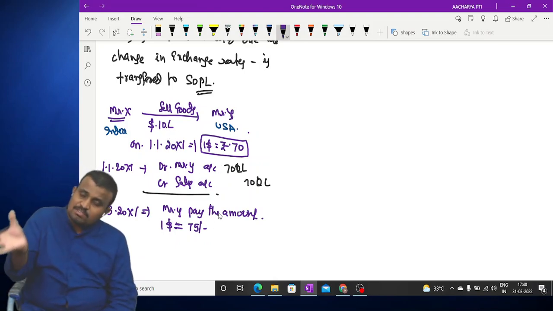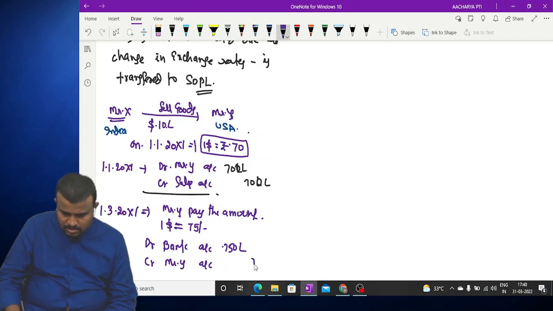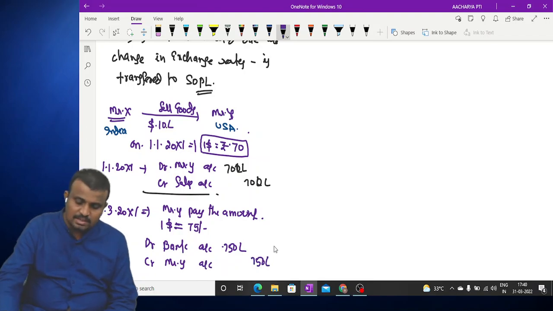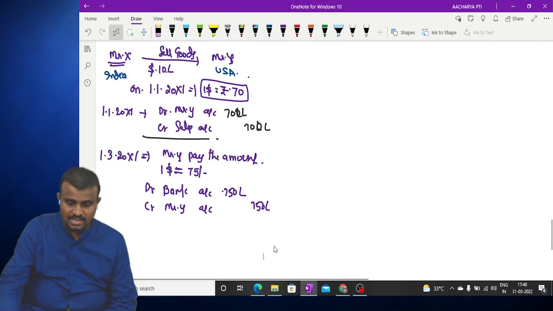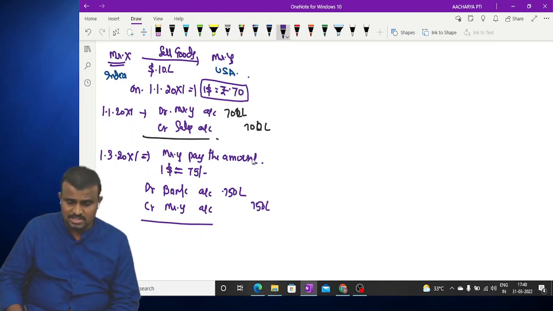But then we convert that dollar into rupees. Then how much amount do we get? Around 750 lakh. Then we write the entry: debit bank account 750 lakh and credit Mr. Y account 750 lakh. So here, how much difference amount is created? 50 lakh. 50 lakh is a profit to us, right?